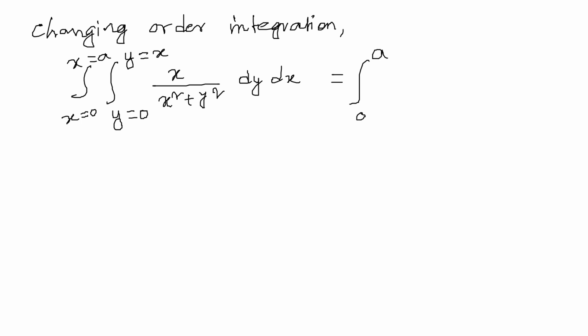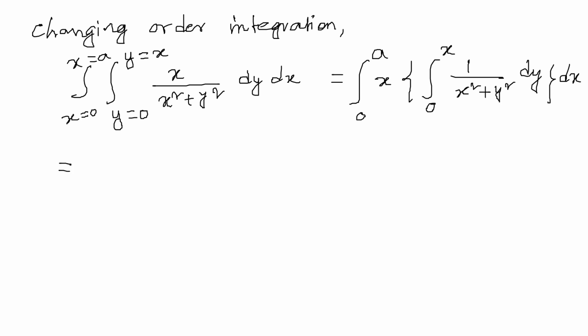Since we are integrating with respect to y, x is constant, you can take it outside. Basically your integration is y from 0 to x of 1 by x square plus y square dy. You can rewrite in this form.